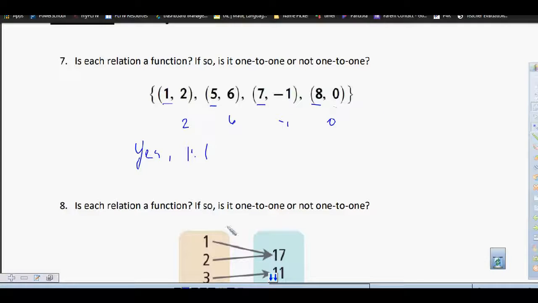The way to check that is to create a map. You see that right down below. So I can just do that with my x's and y's, and we can physically draw lines. So if I do that, I just make a little box here. These are my x values. I'm going to put them in 1. I'm going to do them in order 5, 7, and 8. And then I have y value.